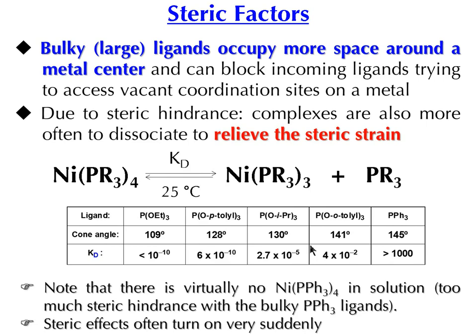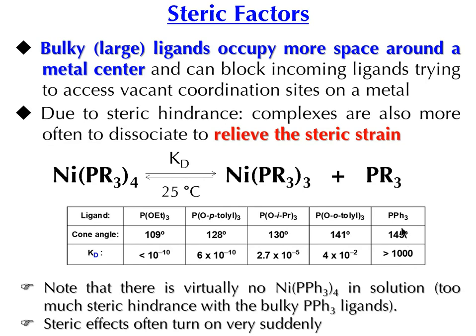According to this table, the cone angle is the greatest for triphenylphosphine. That means triphenylphosphine is the bulkiest group in the family of phosphine ligands given. So triphenylphosphine can be dissociated easily from the complex Ni(PR3)4, and therefore the dissociation of triphenylphosphine has the greatest Kd.